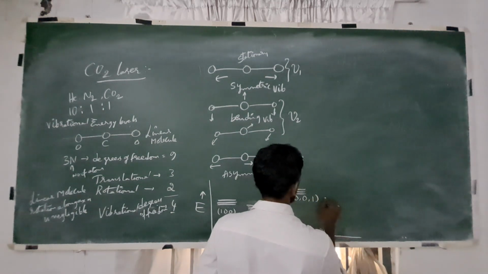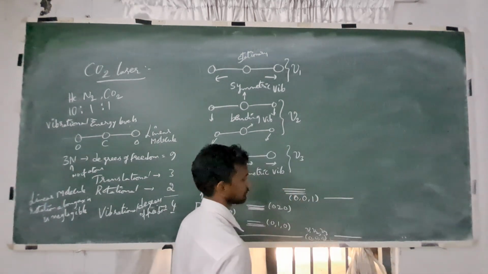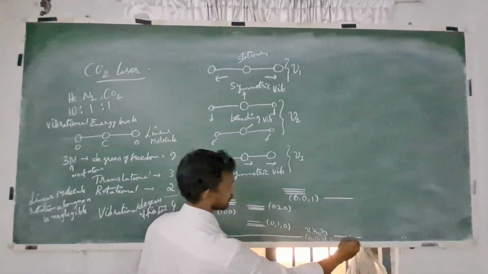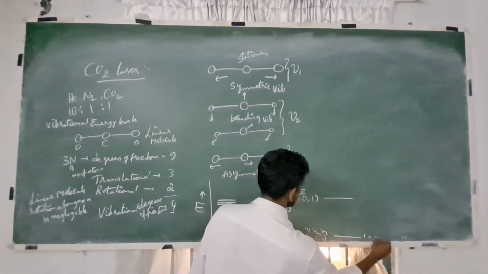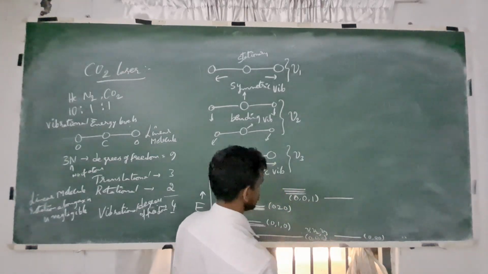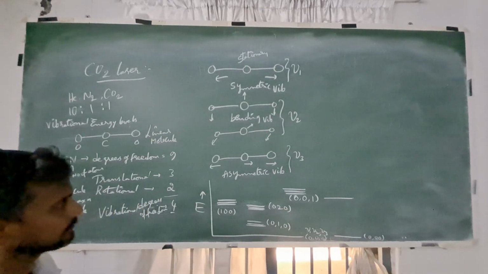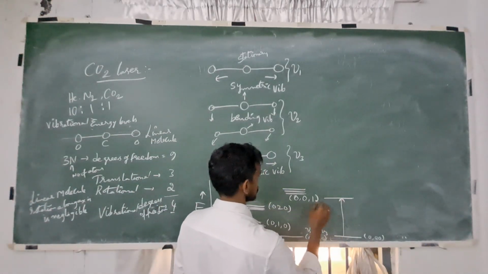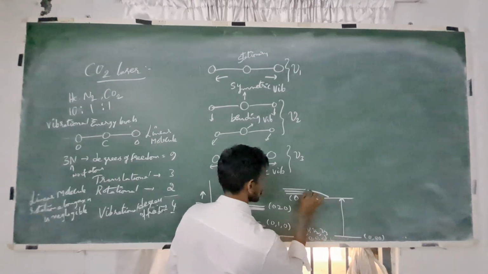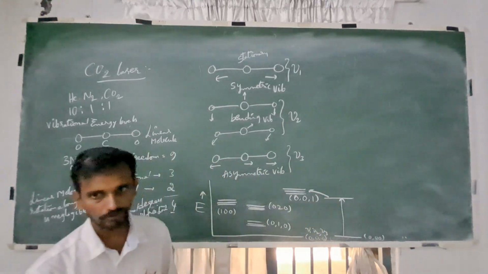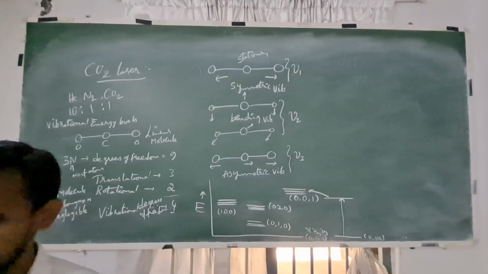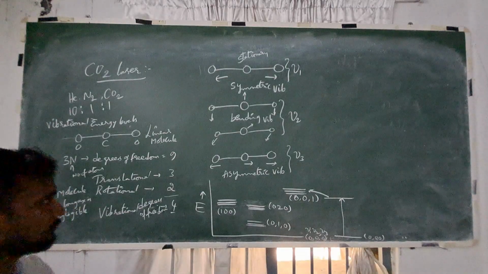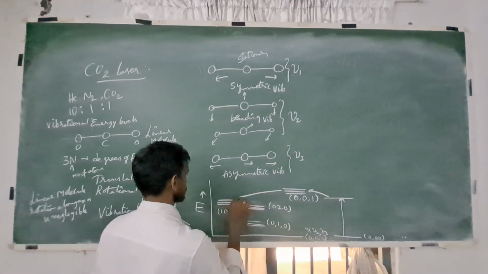And the nitrogen energy levels are here. For nitrogen, 0 0 0 is here. The first excited state for nitrogen is here. So the difference of the energy will be transferred through collision. And from here you will have two laser transitions.